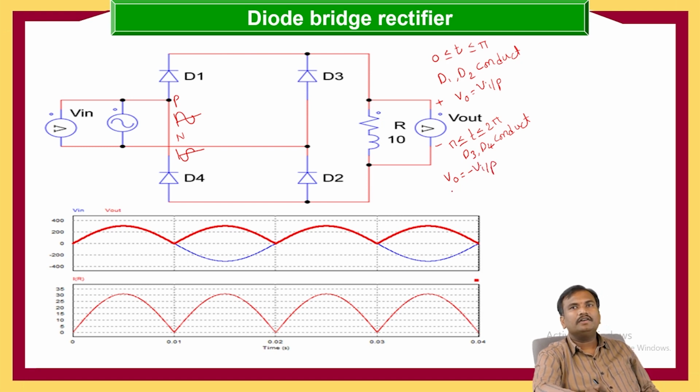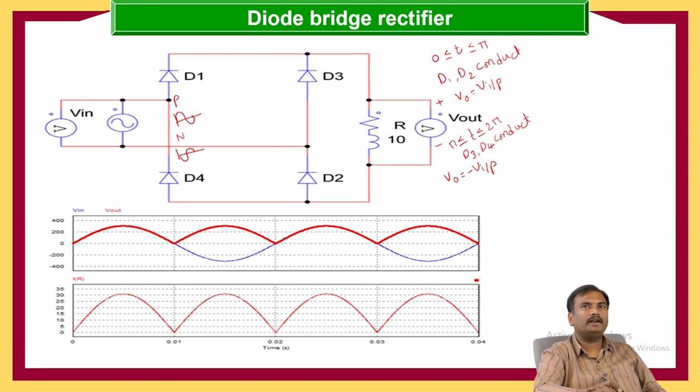Here we are having the negative half of the cycle. Minus of the input voltage is nothing but the opposite of the input voltage, so minus of minus becomes plus, and we get a positive output voltage.